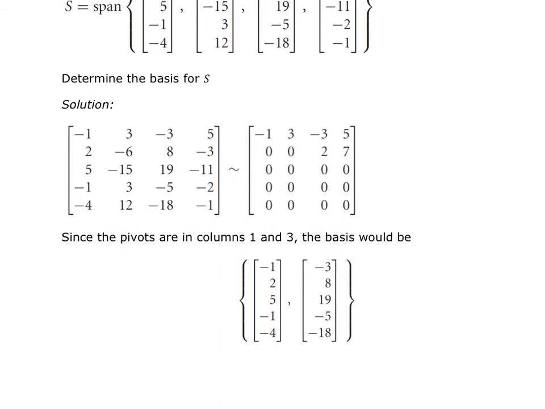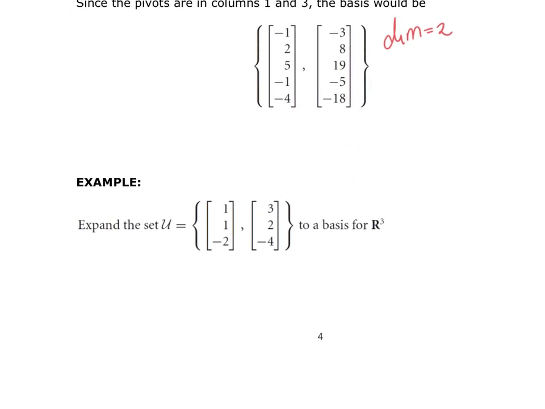Now the only places in which I have pivots are my first and my third, so it is only my first and my third that are going to produce my basis. This basis will not span R5 because I don't have 5 vectors. I only have 2 vectors, and we know from previous that this means that my dimension is 2, because that's the number of vectors that I have that are linearly independent.